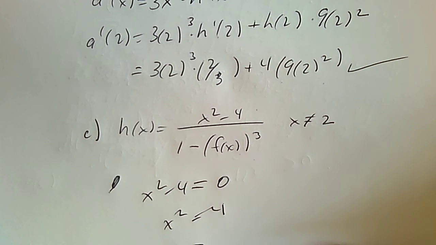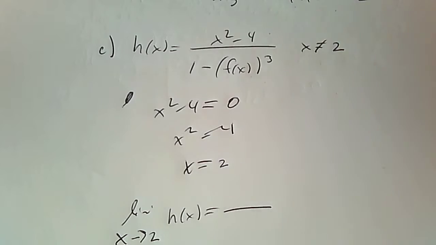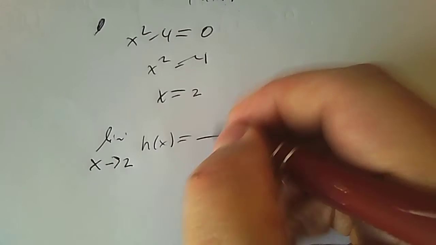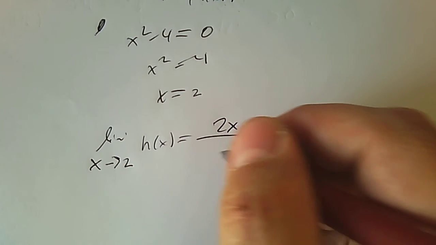Now, if I can use L'Hopital's rule, it's not asking for what x equals. I told the x is 2, right? F of 2. That we're doing L'Hopital's rule is the derivative. So if I want to know the limit as x approaches 2 of h at x, then I can take the derivative of the top, that's 2x, derivative of negative 4 is 0, derivative of 1 is 0.